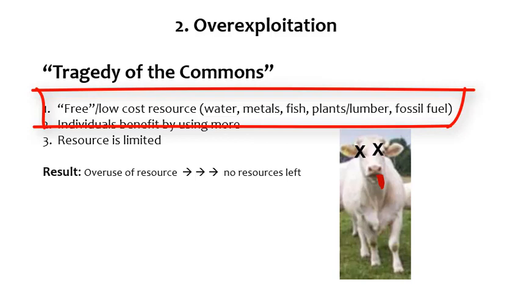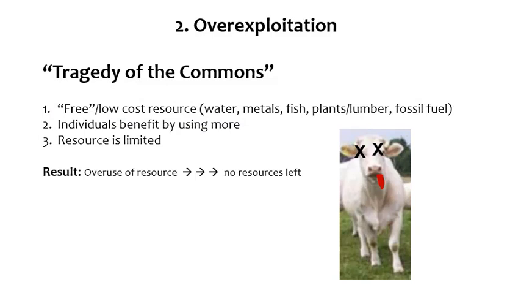There are also free or low-cost resources like fish. You may have to pay for a license, but the more fish a person takes, the more they individually benefit. Companies might pay for mining rights, but they don't pay the full cost of the use of that resource and the environmental problems mining creates.